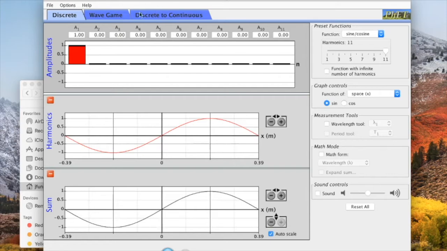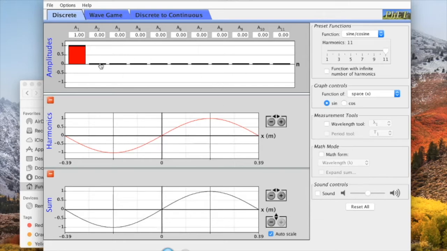So we're on this discrete panel here. What this does is let you add up different sine and/or cosine functions. Let's walk through what we have right here. Right now we have A1 with an amplitude of 1 and there's nothing else in there. So this is a sine wave with some particular wavelength.